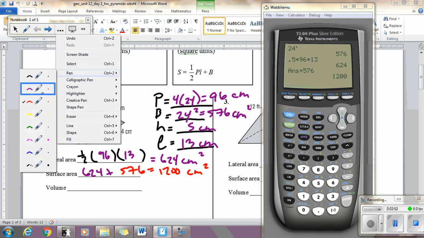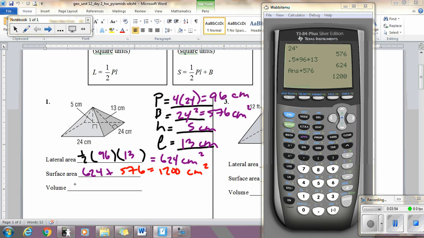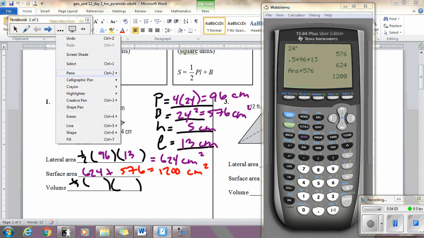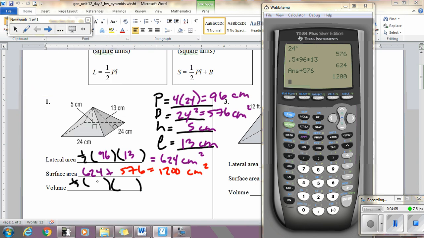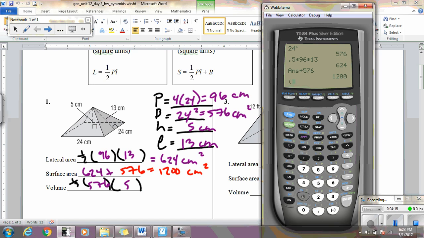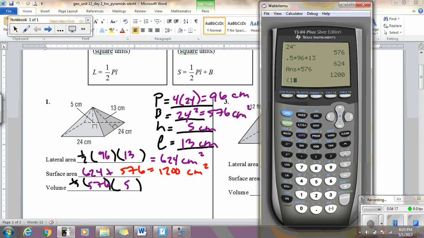For volume, the formula is 1/3 B times H. So that's 1/3 of 576 times 5. And let's put that in the calculator. For 1/3, you can simply put 1/3, but make sure you put it in parentheses.